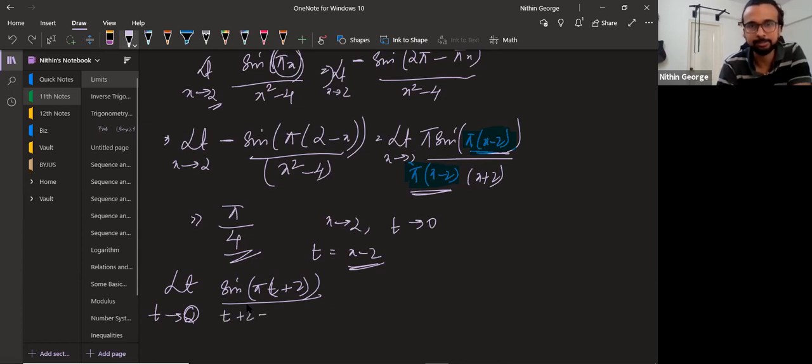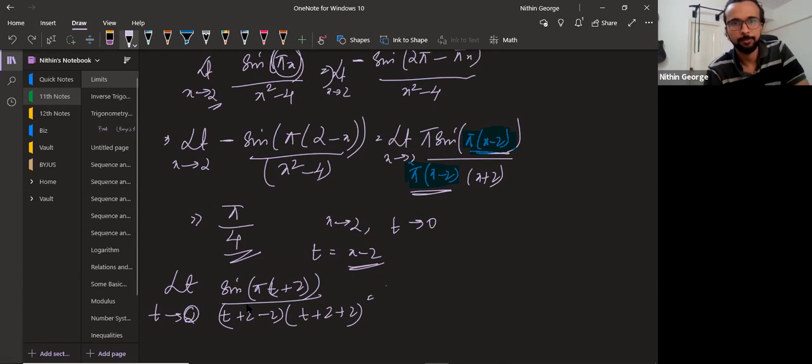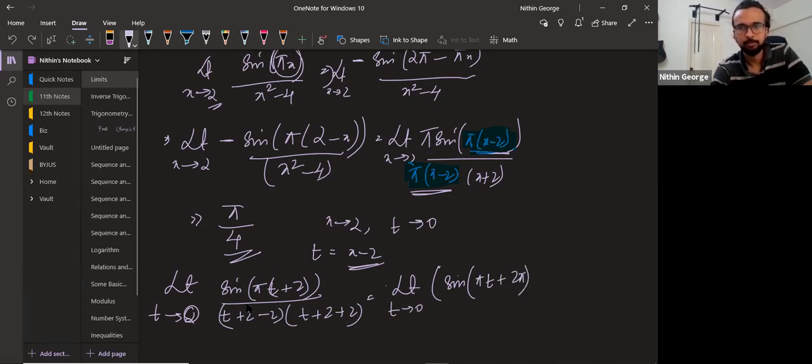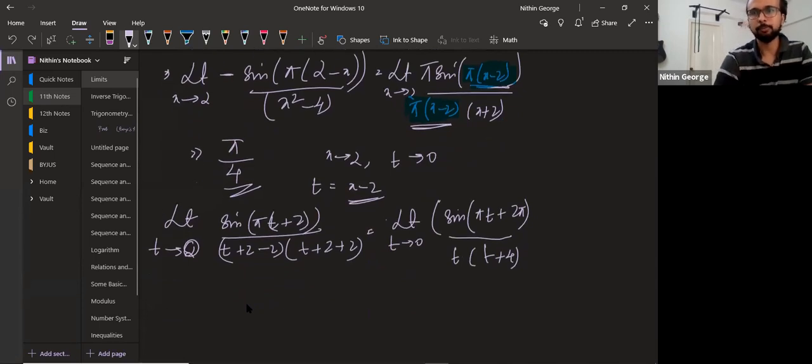So I see that I am getting limit t tends to 0, sine of pi of t plus 2 pi divided by t into t plus 4. Now, sine 2 pi plus theta is nothing but sine theta, so I'll write that directly as sine pi t.